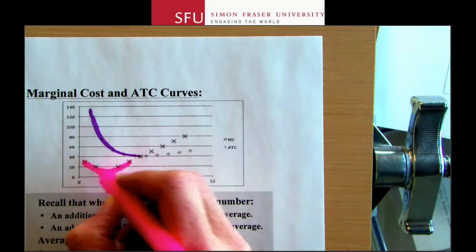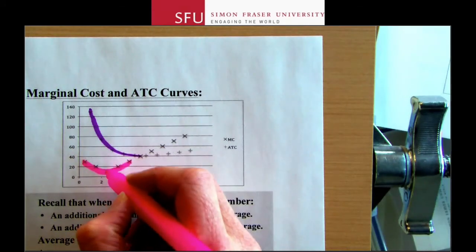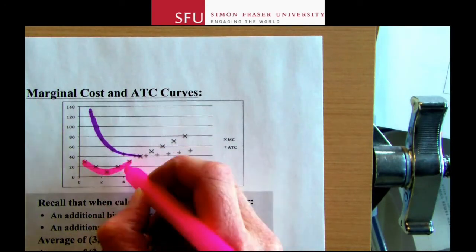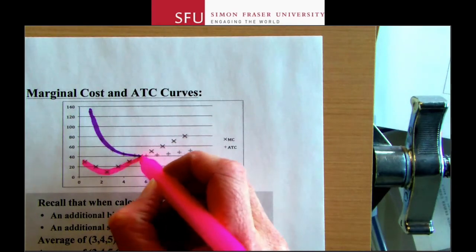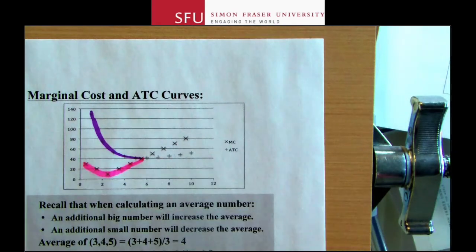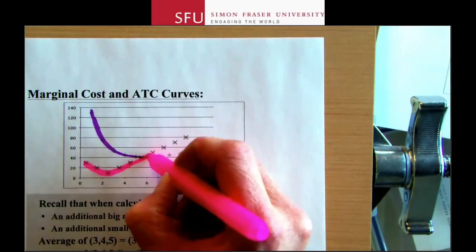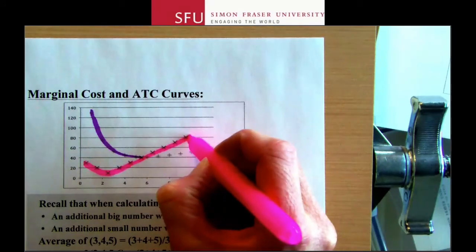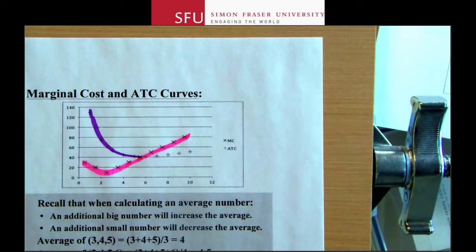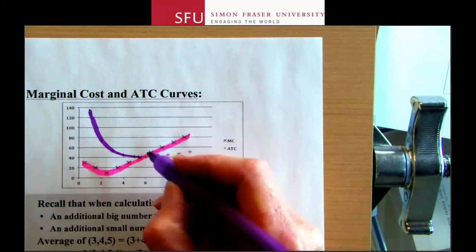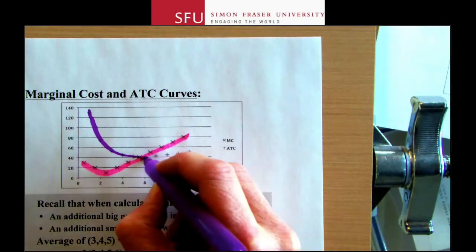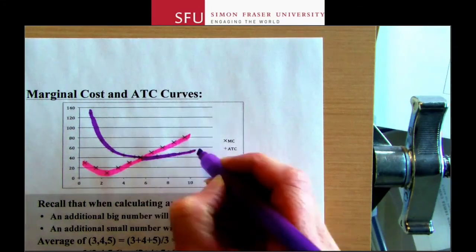As long as the marginal cost is underneath that, it will bring the average down. But as soon as these marginal cost numbers, the cost of those extra chairs, become higher than the average, at that point the average total cost starts to go up.